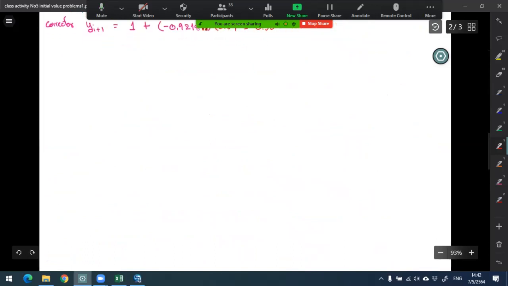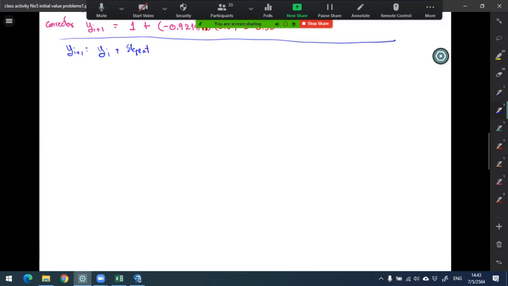For the case of midpoint, we have the same thing, but y i plus 1 is determined by y i plus the slope at mid-step, the slope at mid-step multiplied with h.